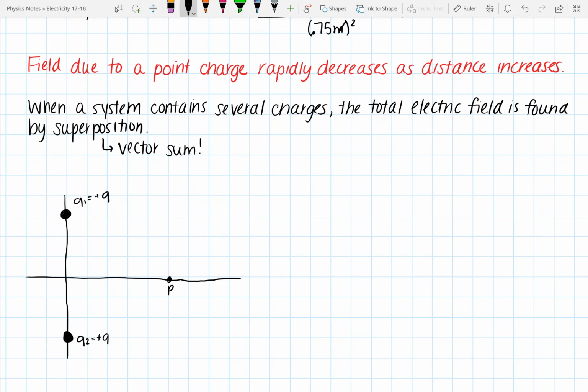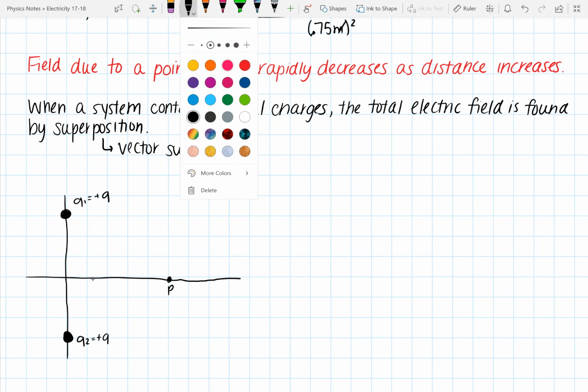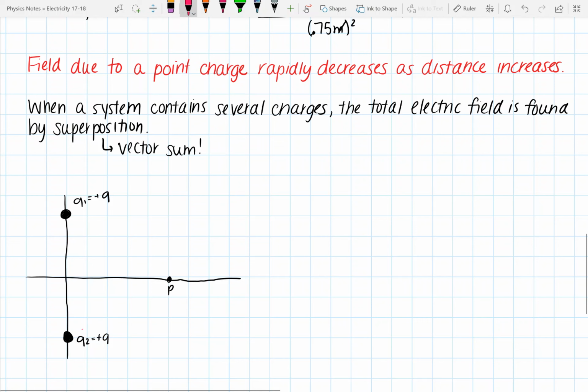Now, I know that this is some R, and that that's going to produce some electric field because of charge 2. And I also know that this is some R, and it's going to produce some electric field because of charge 1.